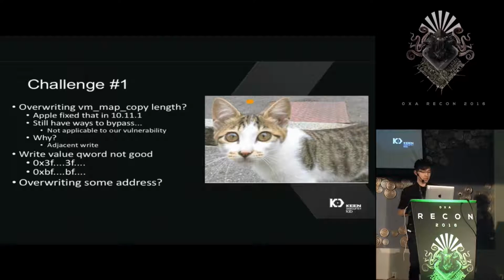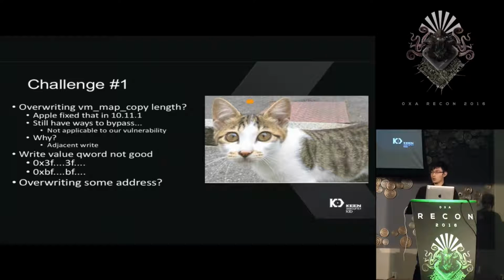We have several challenges. The first thing that comes to mind for a skilled OSX kernel exploitation researcher may be overwriting a vm_map_copy length. But as Liang said in the previous slides, Apple introduced some mitigations for it in 10.11.1.